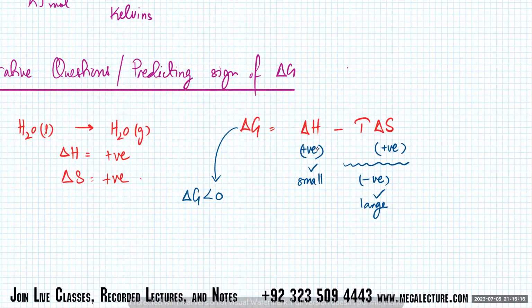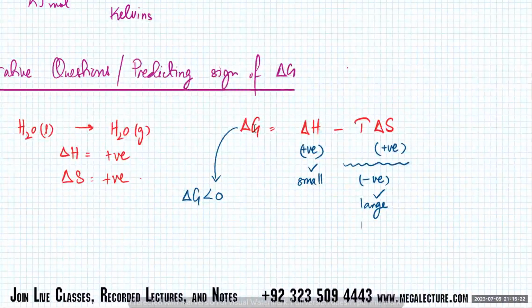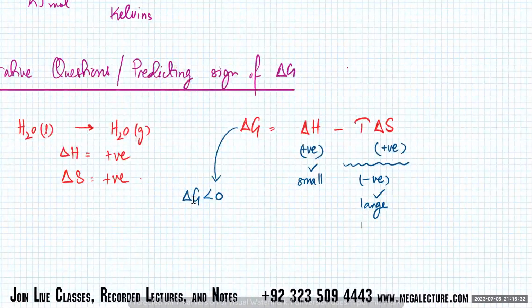If the negative term is bigger in size and the positive term is smaller in size, then delta G will come out to be negative. So the idea is that I would want to keep this large, so I get a negative delta G. Is that part clear? Is the math clear?